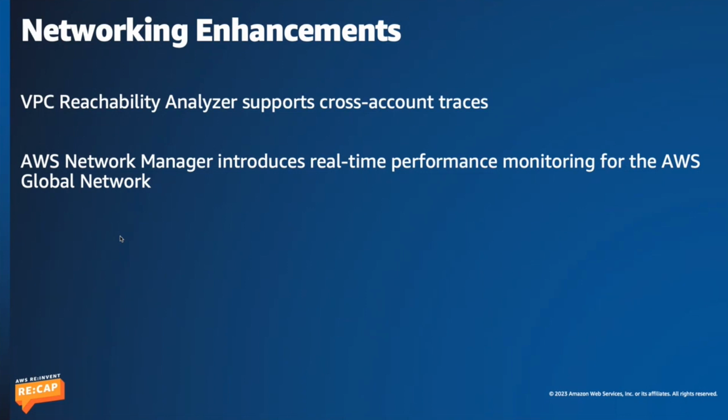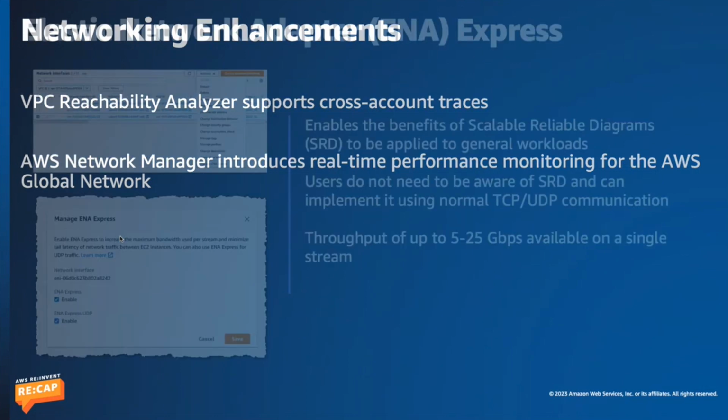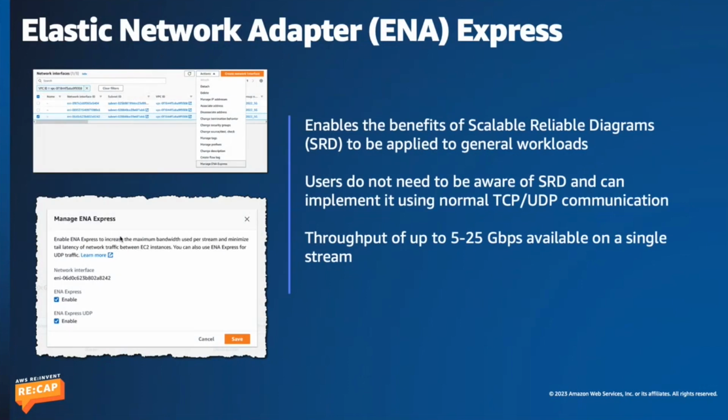On the other side, when it comes to network management, now you can monitor the real-time and historical performance of the AWS global network for operational and planning purposes, right? This is a new functionality that has been introduced within Network Manager.